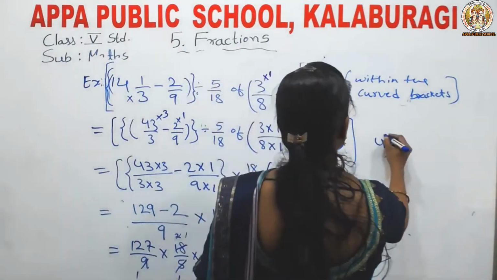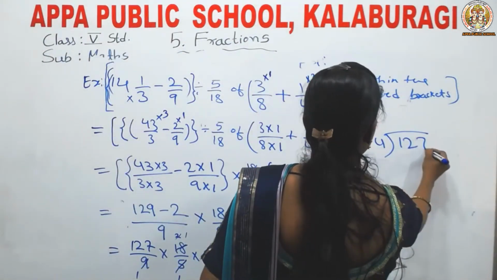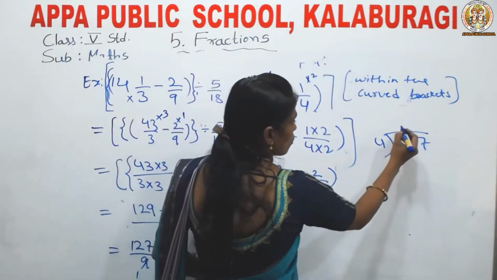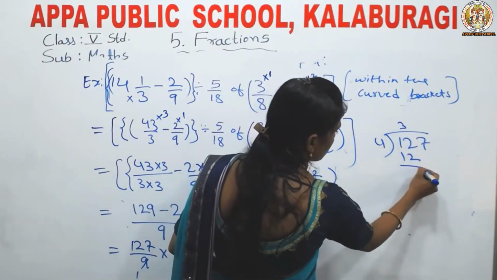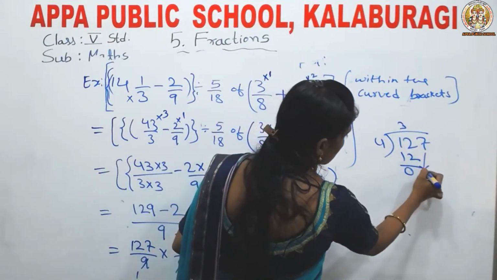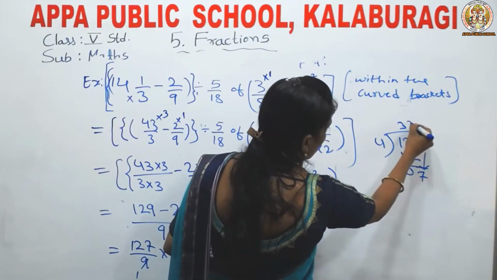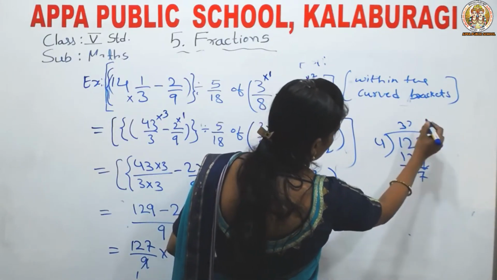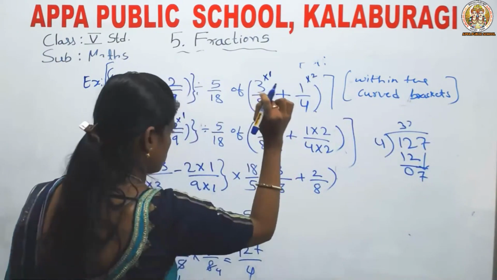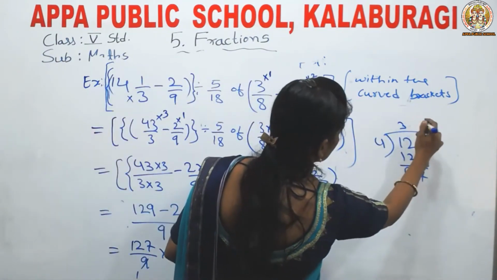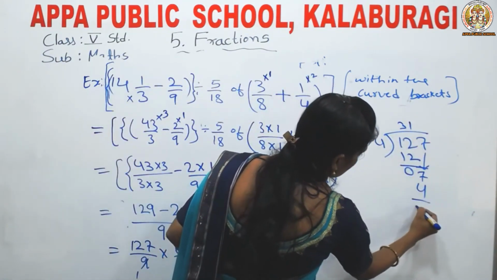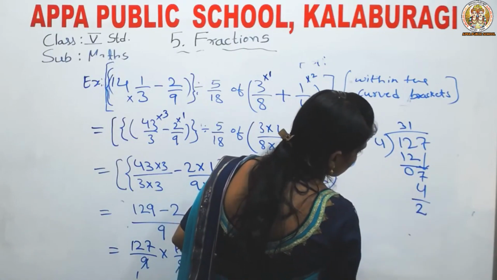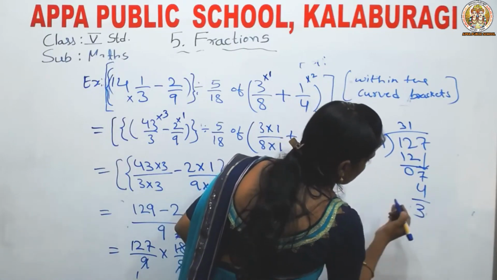That is 127 divided by 4. Okay. 4 3s are 12. That is 0. The remaining number is 7. 4 ones are 4. That is 7 minus 4 is 3. Okay.